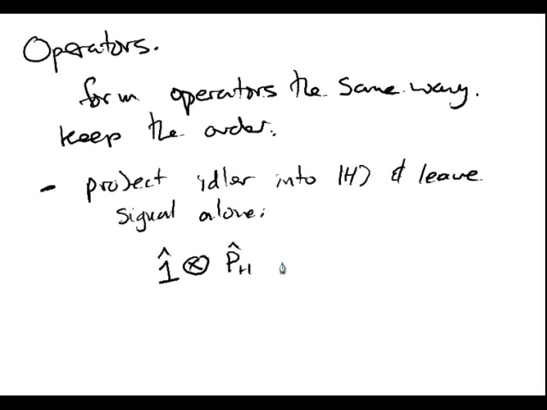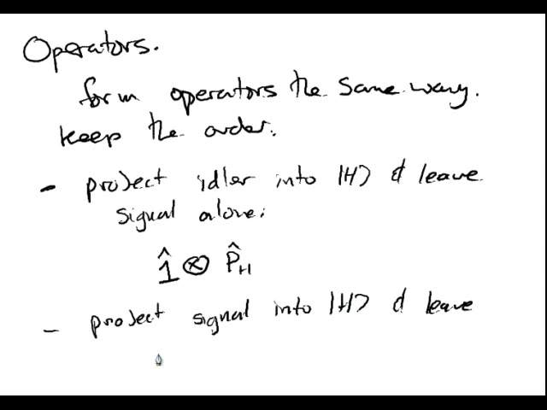Right? So whichever operator is first is going to operate on the signal photon, whichever operator is second is going to operate on the idler. So we could do the opposite, right? We could project the signal into the H state and leave the idler alone, and that would be the direct product of P_H, the projection operator, with the identity operator, which leaves that second photon alone. Right?